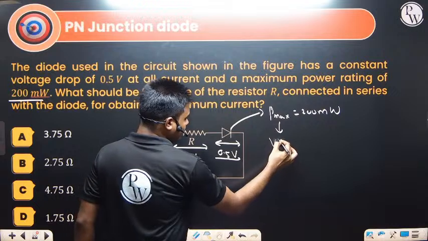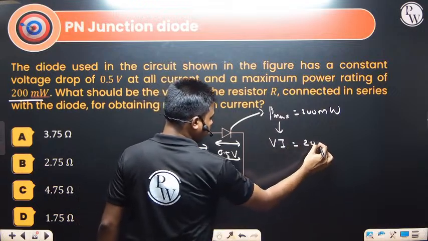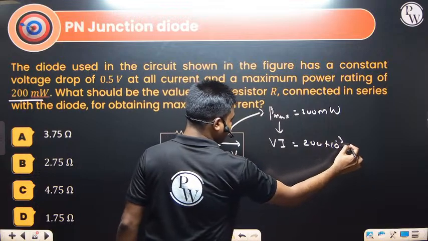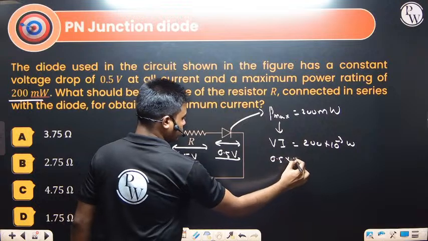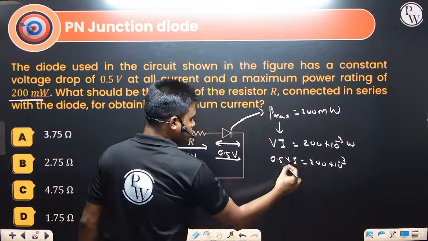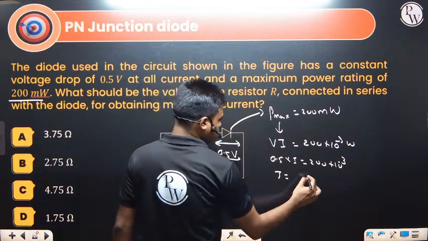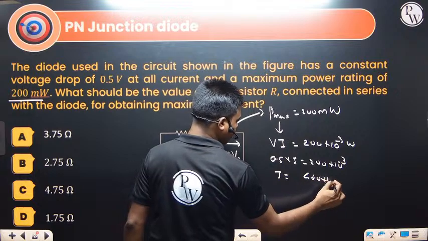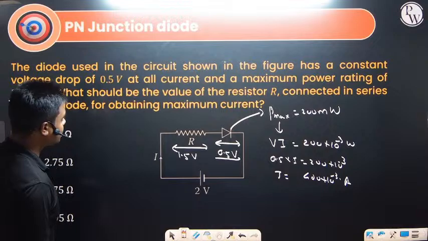The power is given by V into I. Whenever the resistance is not given, we will be using this particular formula. 200 into 10 to the power minus 3 watt. So what is voltage? 0.5 into current I is equals to 200 into 10 to the power minus 3 watt. So this will go that side. So I is equals to how much? This will be 400 into 10 to the power minus 3 ampere.